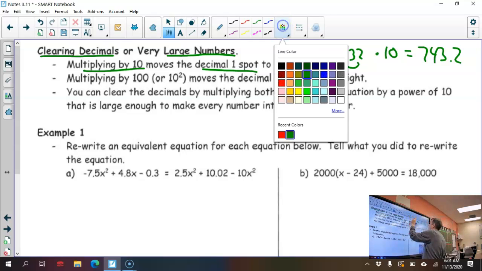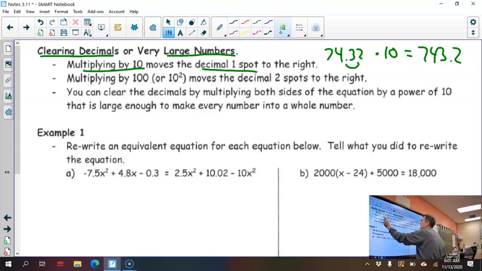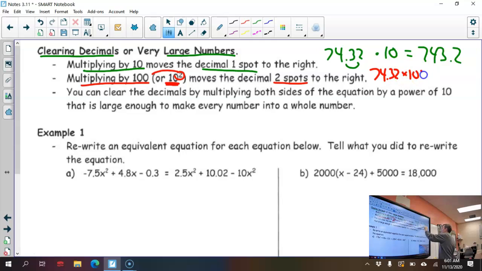How about multiplying by 100? Multiplying by 100, or 10 squared, because there's two zeros, moves the decimal two spots. So if I had 74.32 times 100, that would equal 7,432. And the decimal has moved all the way to the end.